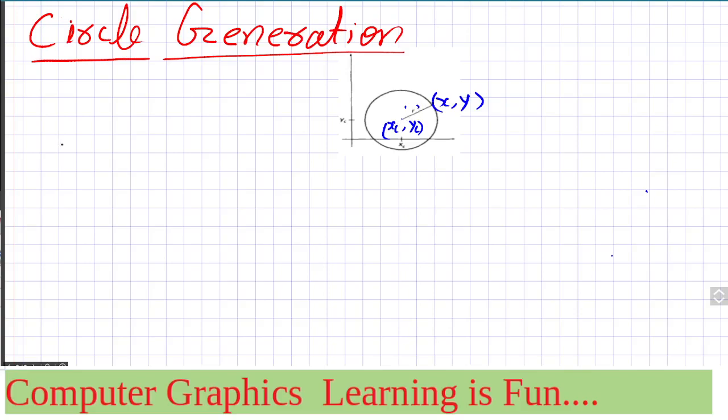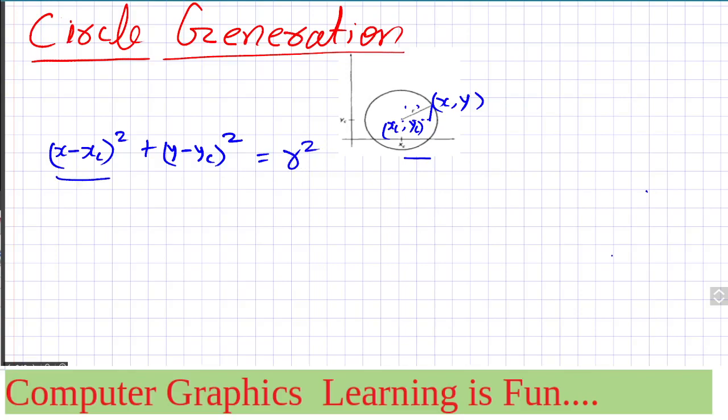This can be expressed by the Pythagoras theorem: x minus xc, squared, plus y minus yc, squared. What is this equal to? This will be the hypotenuse of this particular triangle, right? This is r square.